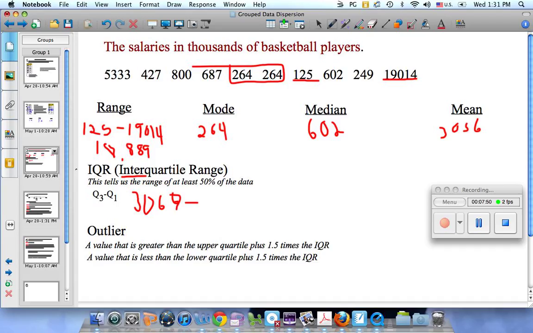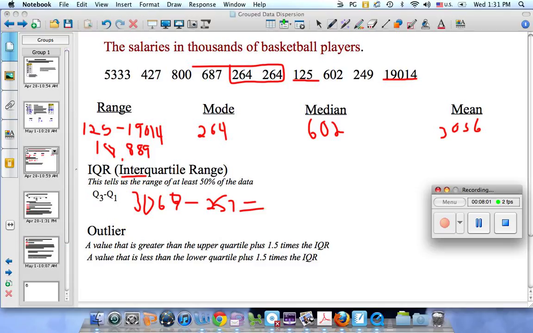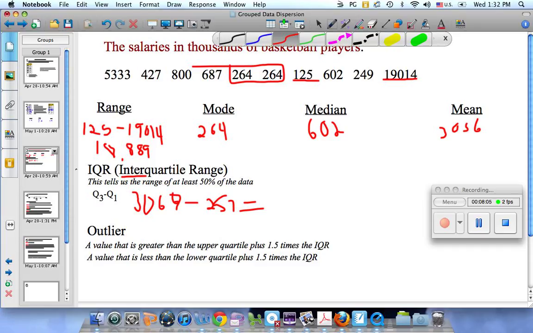And we subtract from that my first quartile, which is 257. So when I subtract that, I get 2,810. So that's my interquartile range. That's where 50% of my data lies.